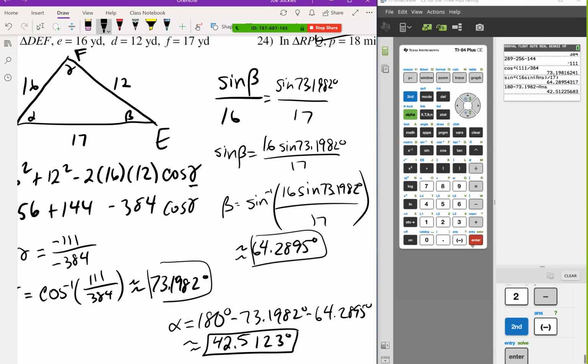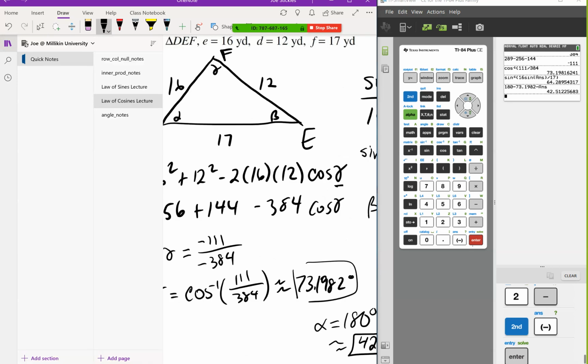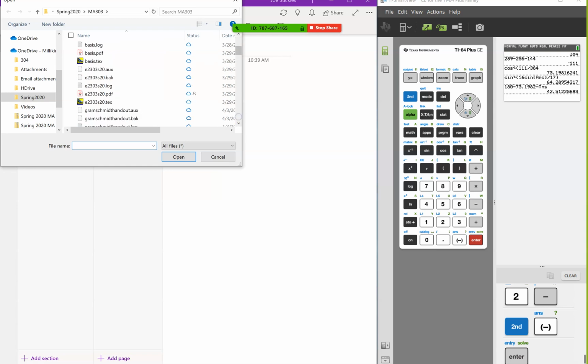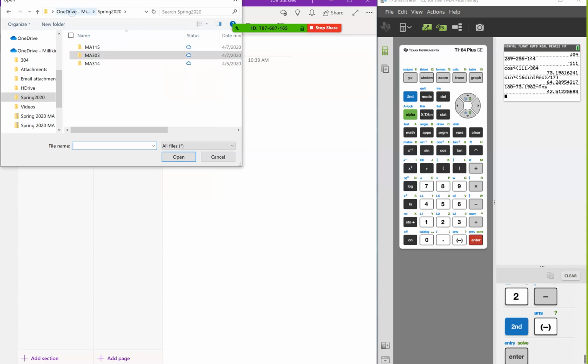Any questions on that one at all? Let's see if we can do an application problem. I don't think I have those up here, so let me see if I can get it added real quick. I don't remember where I have it. Oops, that's not the right folder.